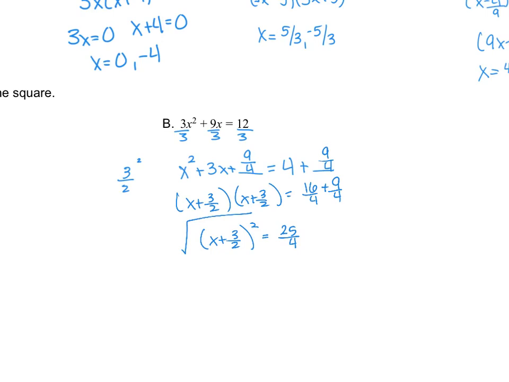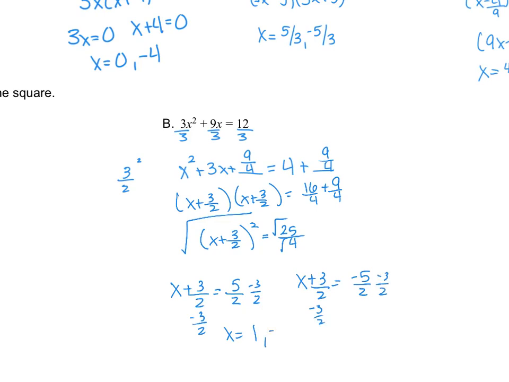So we square root. Remember, we square root the whole fraction. X plus 3/2 equals 5/2, x plus 3/2 equals -5/2. Minus this 3/2, x equals 1. Minus this 3/2, -8 over 2, -4.